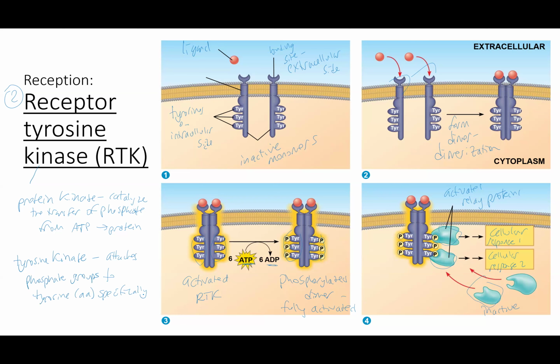So receptor tyrosine kinase tells us it's a receptor, and it's going to attach the phosphate groups to tyrosine specifically.